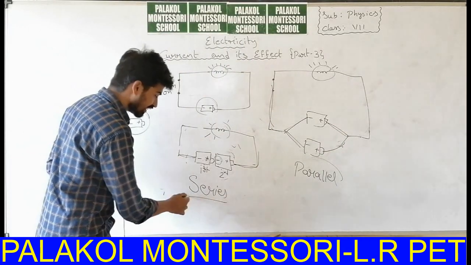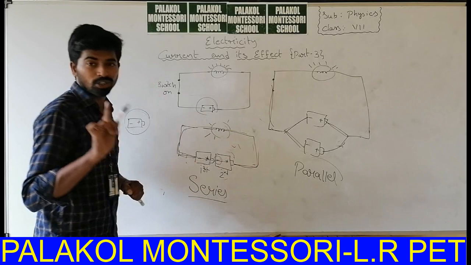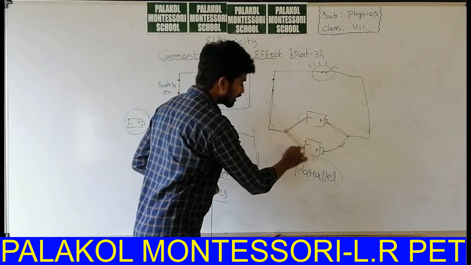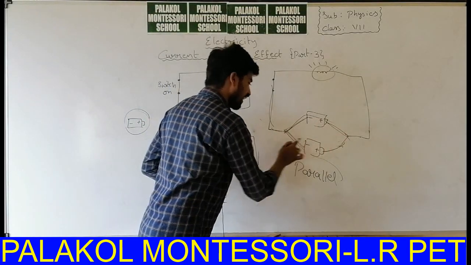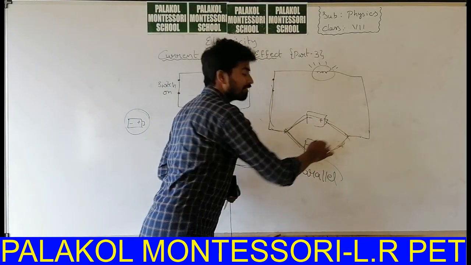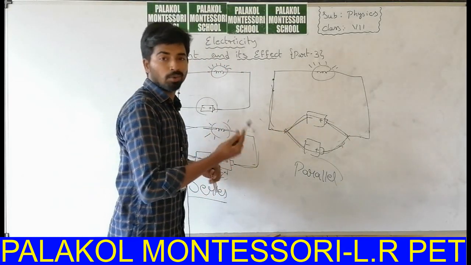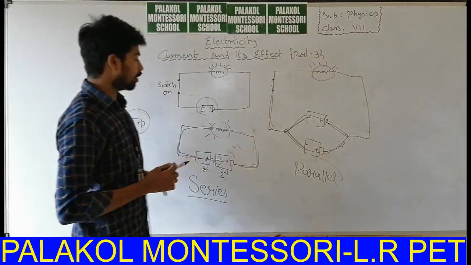In a series connection there is only a single path, the current will flow like this only, but in a parallel connection two paths will be there. The current will go like this and will also travel like this. So the current has one, two or more possible routes for its flow.